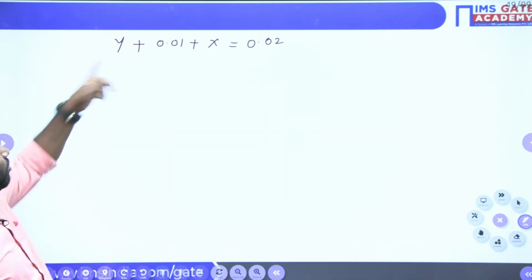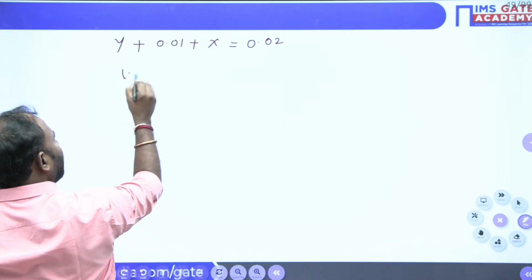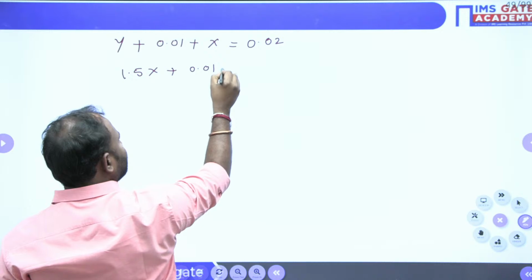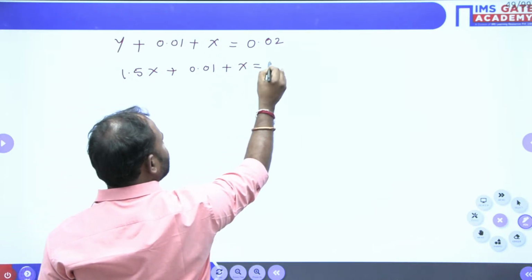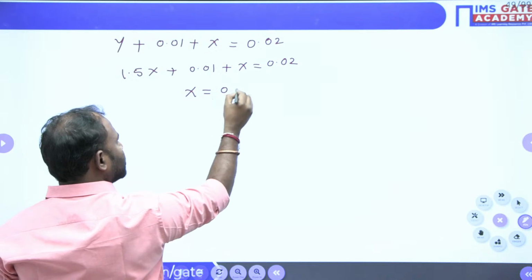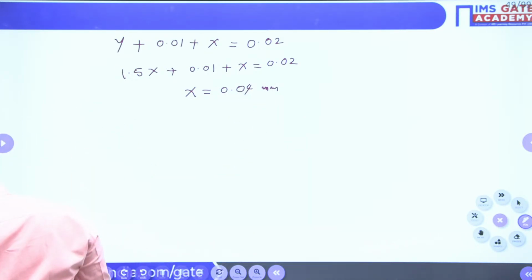But we know that y equal to 1.5x. Now, in place of that, 1.5x plus 0.01 plus x is equal to 0.02. Now, x equal to 0.04. If you calculate that, you are going to get x equal to 0.04 mm.